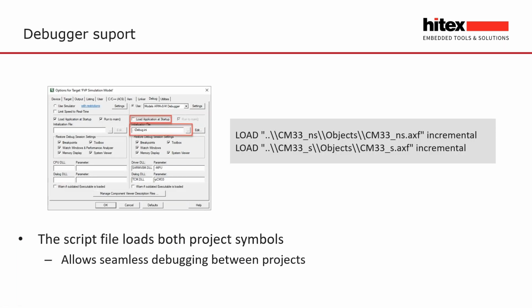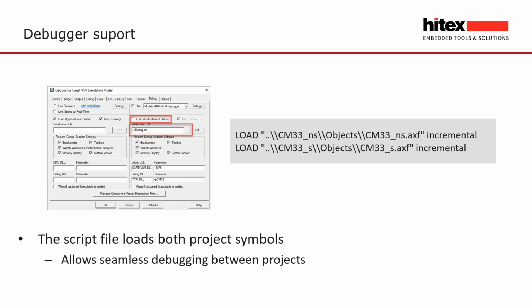Now, we've got these two separate programs. We're going to be running most of our code in the non-secure project, but we are going to make calls to the secure code, which is effectively a separate program. So if we want to have a full debug view of both projects, in the debugger, we can add a script file that will load up and program the flash of both regions, and will also load both symbol sets, so we can seamlessly debug between the two projects.